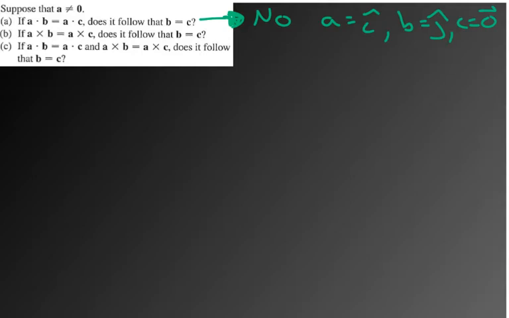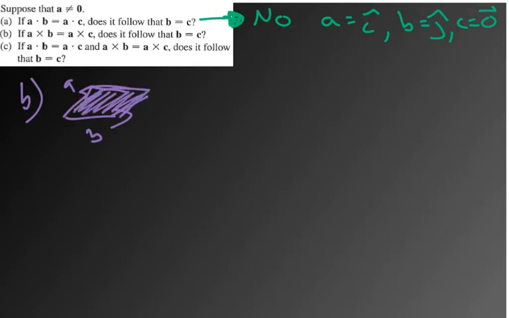If A cross B equals A cross C, does it follow that B equals C? For this one, I think about the idea of the parallelogram. If you take A cross B, the cross product is giving you the area of this parallelogram.